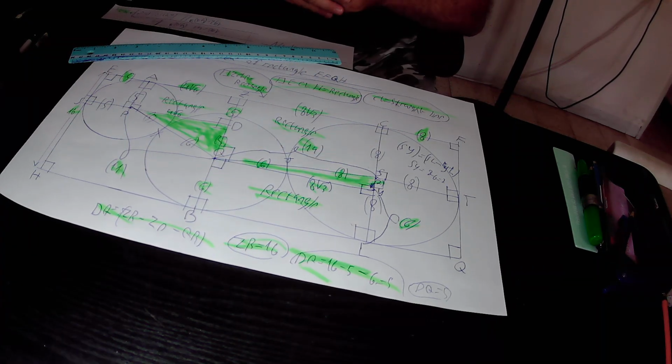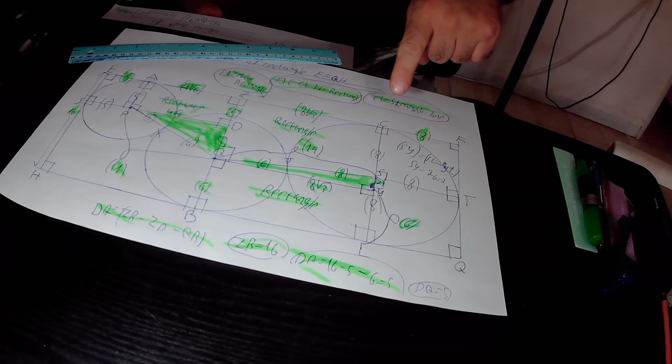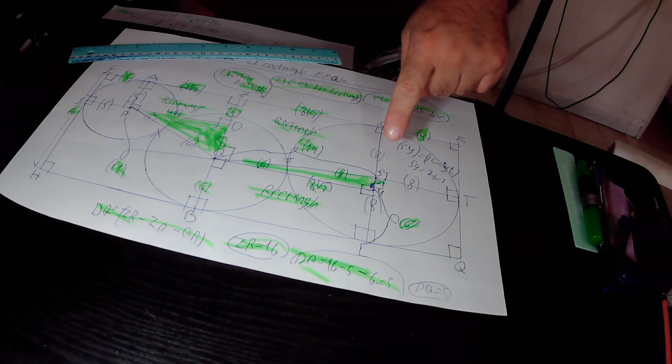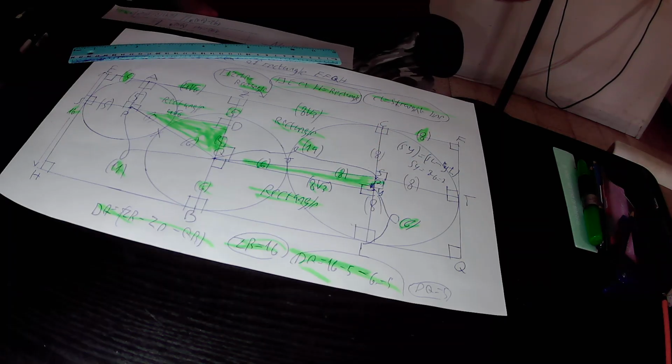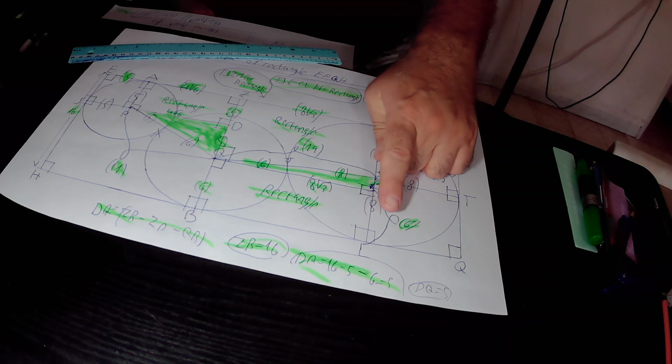Now we implement rule 1 a lot of times. In this drawing, we have SL. So this angle equals 90 degrees and this angle also equals 90 degrees according to rule 1.